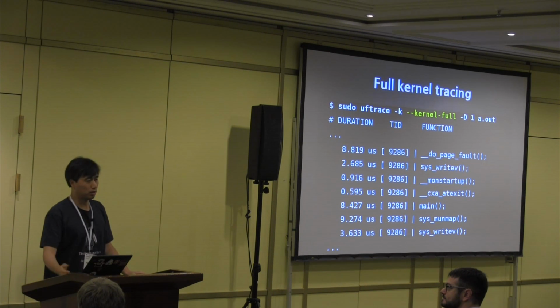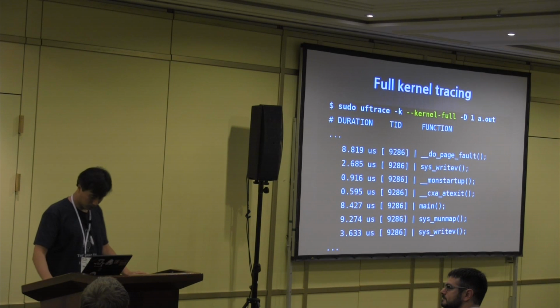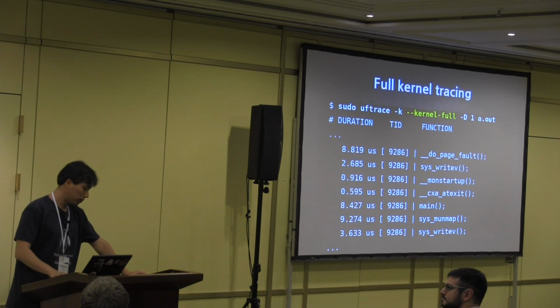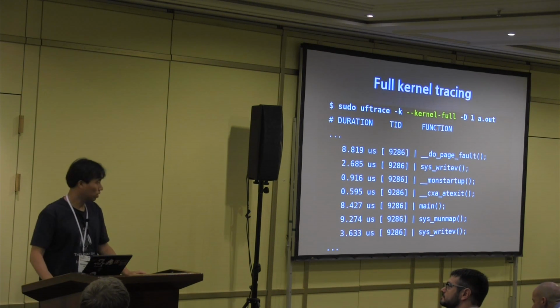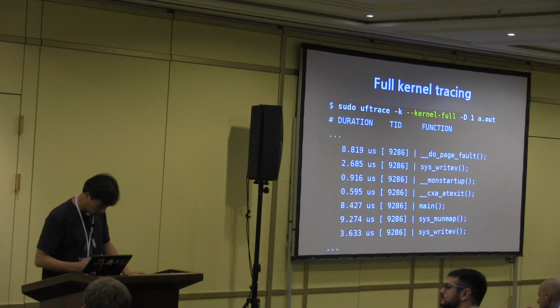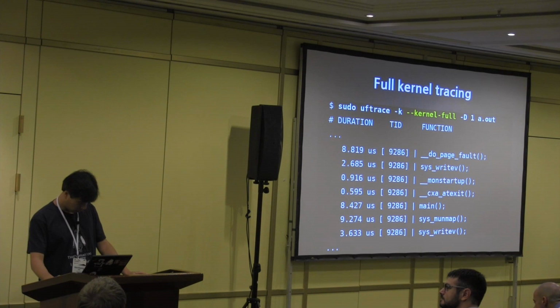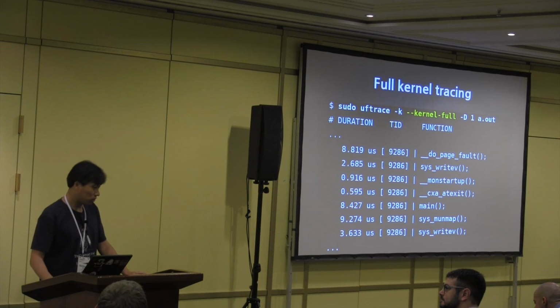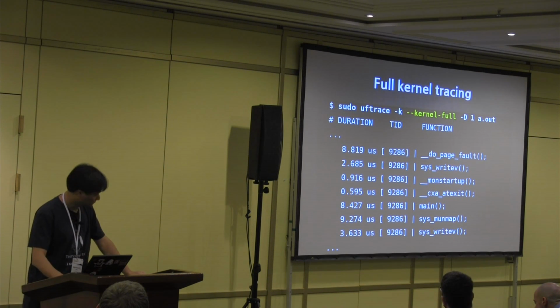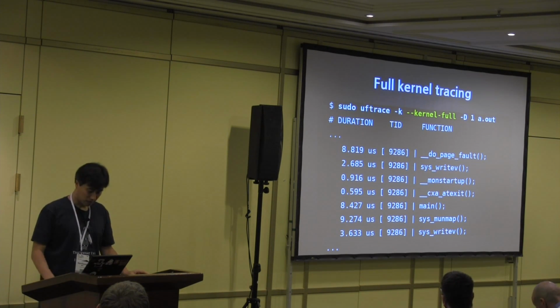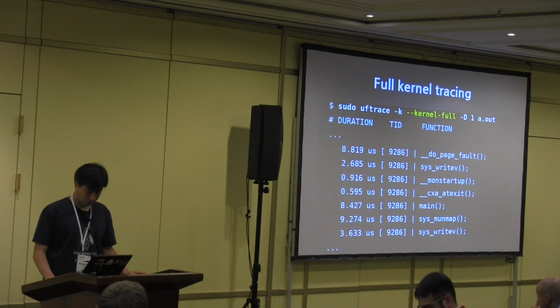Those are hidden by default with Uftrace. But if you want to see those functions too, you can use the kernel option. And as you can see, this output just contains the main function, one startup, cxa and exit. These are the userspace functions. But there are many kernel functions out there, so you can see them with the kernel option.